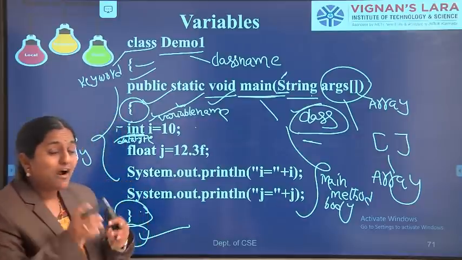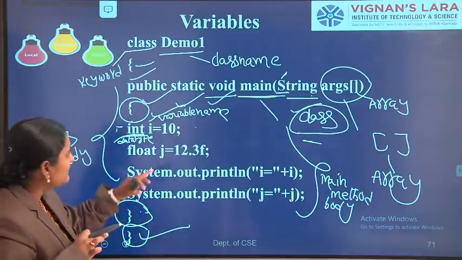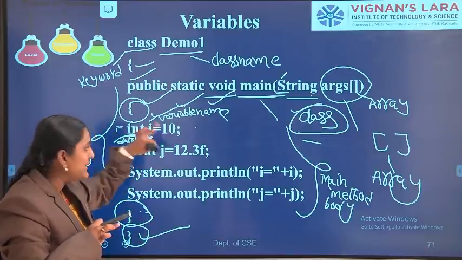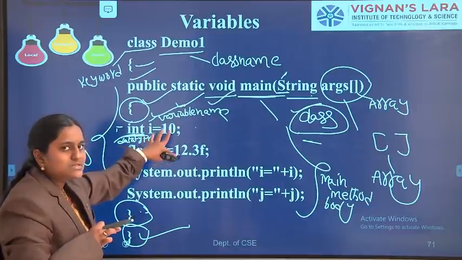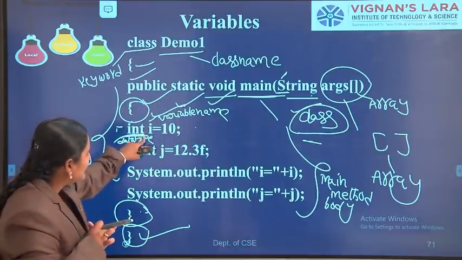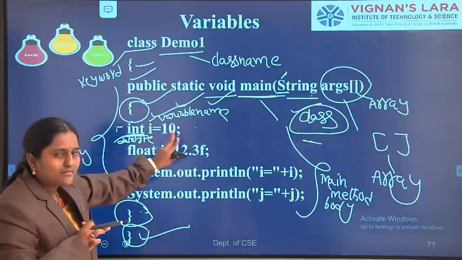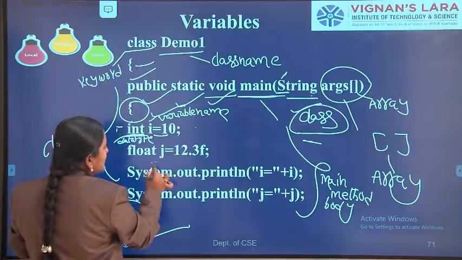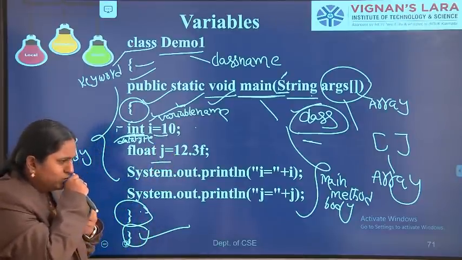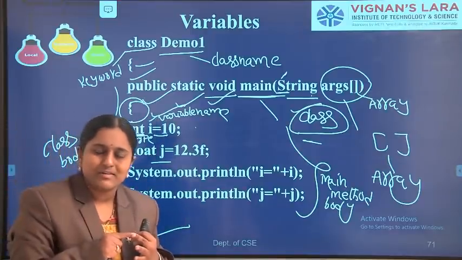Default initialization is not applicable to local variables. Whenever we define variables within a method, and main is the method, we simply call them local variables. Here i and j, these two are local variables.